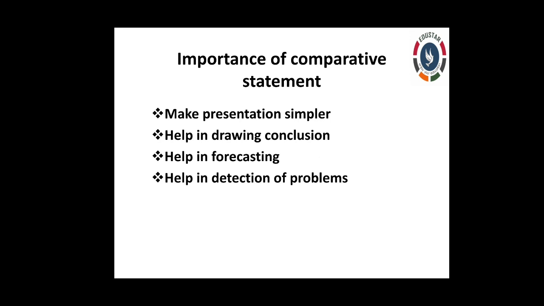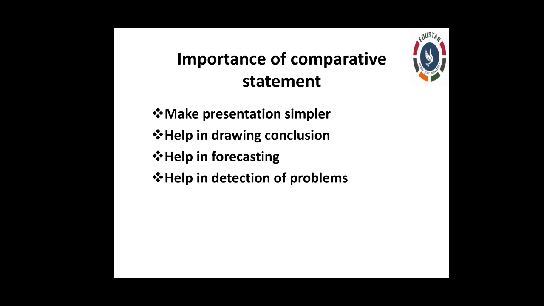It helps in detection of problems. The comparative statement shows why there is a vast difference in sales. For example, the previous year it may be 1000 tons and the current year 990 tons. 10 tons is less, so it is easy to compare.